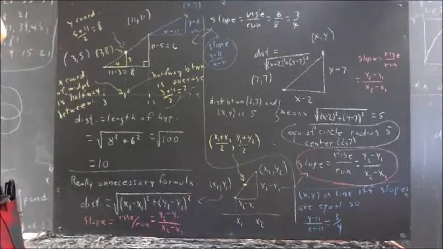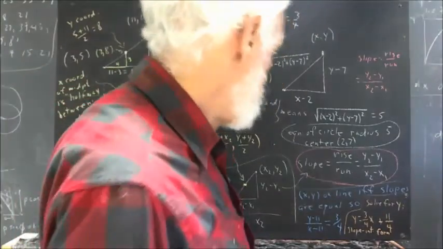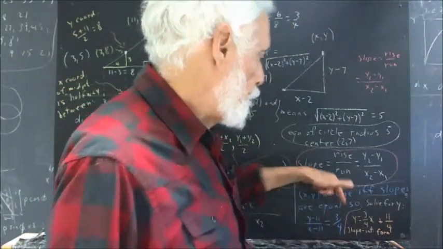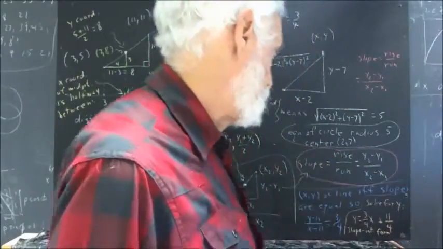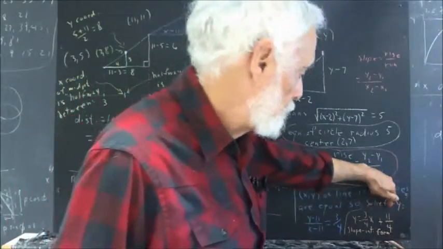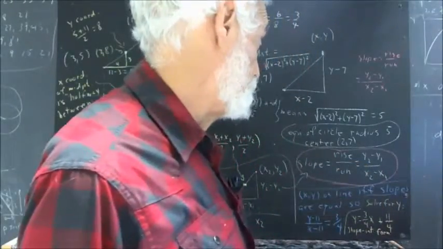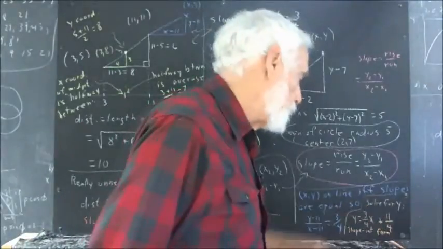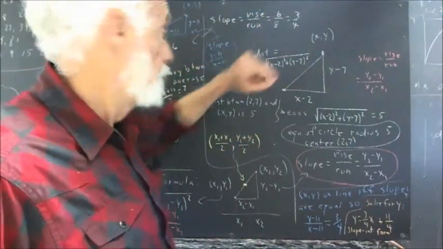I'm going to write down just a little more. I'm going to do that off screen, then we'll talk about it. You can and should easily verify that if we solve this for y, we get y equals 3/4 x plus 11/4. And this equation is called the slope-intercept form of the equation of a straight line. This form can be derived simply by setting this slope equal to this slope.